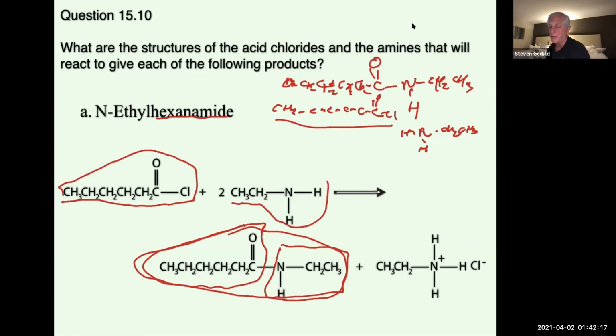Those are our starting materials. That's how we get it from that. And then the byproduct is also going to be the ethyl ammonium chloride, with the HCl added that was driven off from the first reaction. Remember, it takes 2 nitrogen sources, 2 molar equivalents.